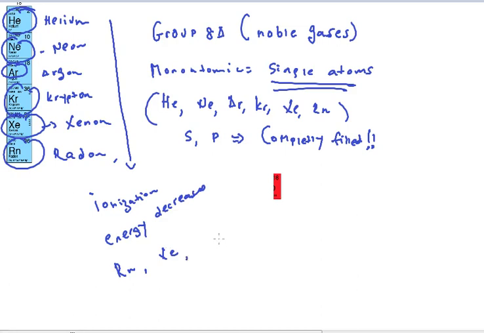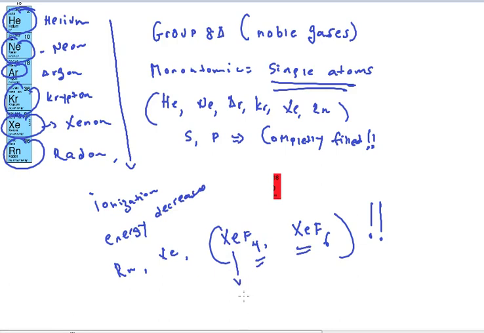Fluorine is a powerful oxidizing agent, so in some literature you may be familiar with xenon tetrafluoride or xenon hexafluoride compounds. These are possible compounds even though the noble gases are unreactive, because of the nature of fluorine, which is a powerful oxidizing agent, and because xenon has low ionization energy.